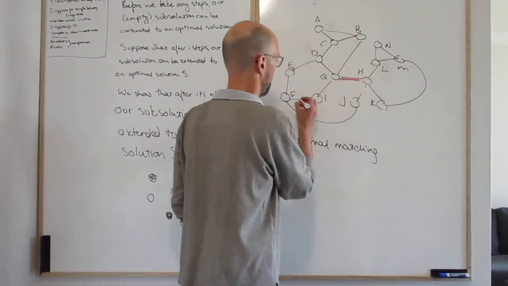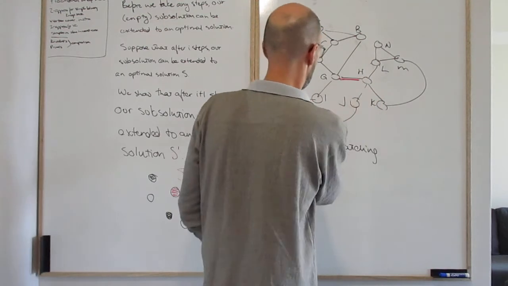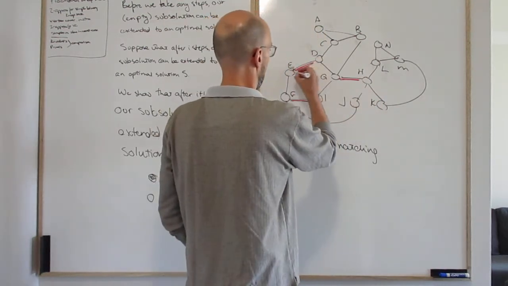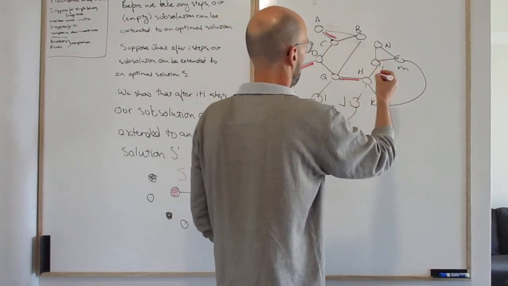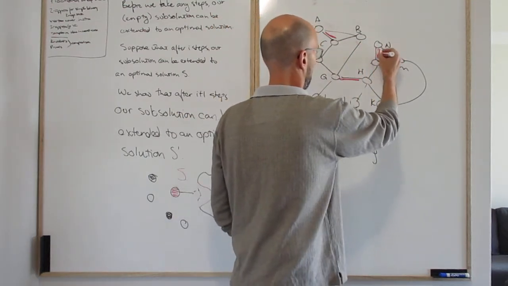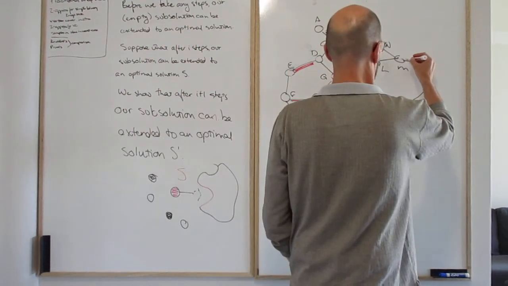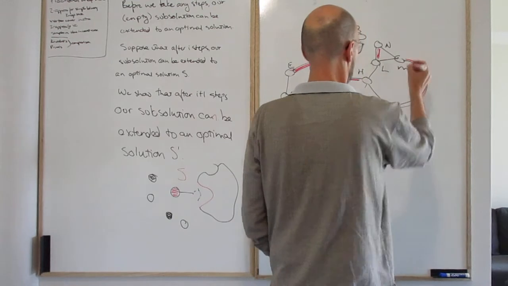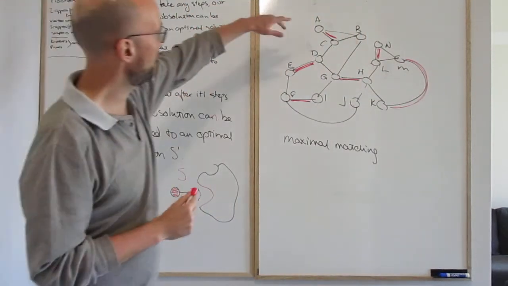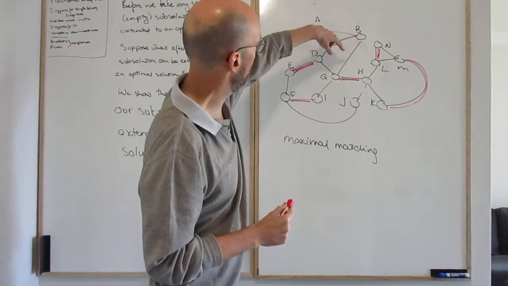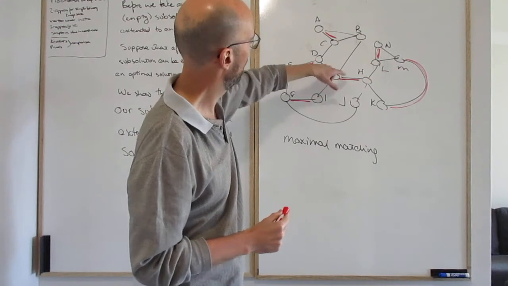So for example, this edge, I can't take either of these, I can't take this one. This edge, this edge, this edge, right? Is that maximal? For every edge, these ones are all touching something.